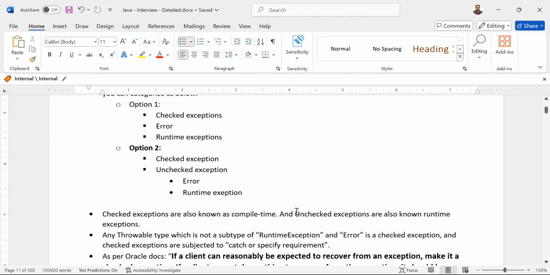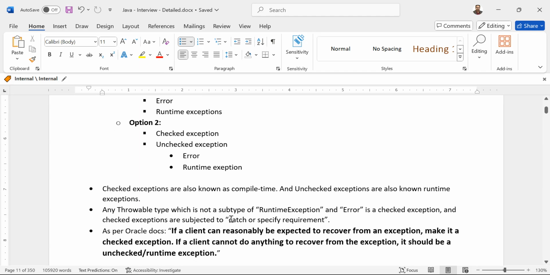Now coming to the unchecked exception, unchecked exceptions are also known as runtime exceptions, which basically means that they occur at runtime. So you really cannot anticipate unchecked exceptions because they occur at runtime. For example, at runtime you can run into a null pointer exception, right?